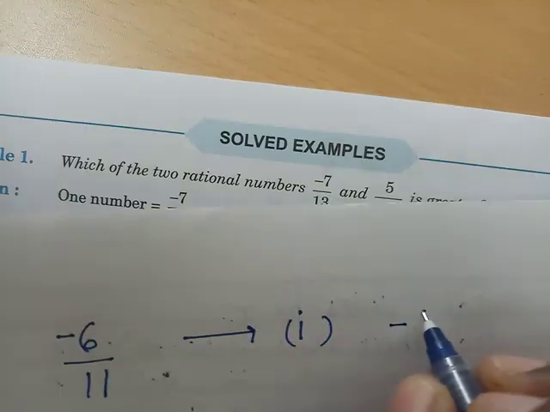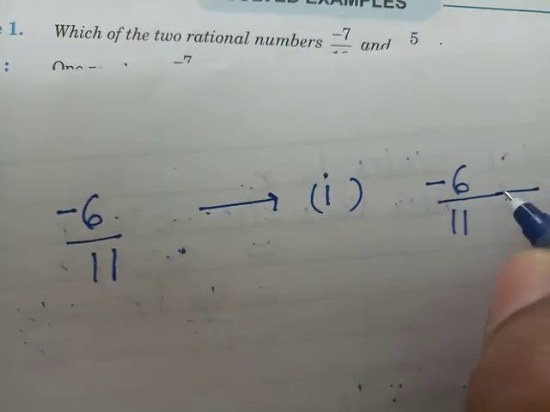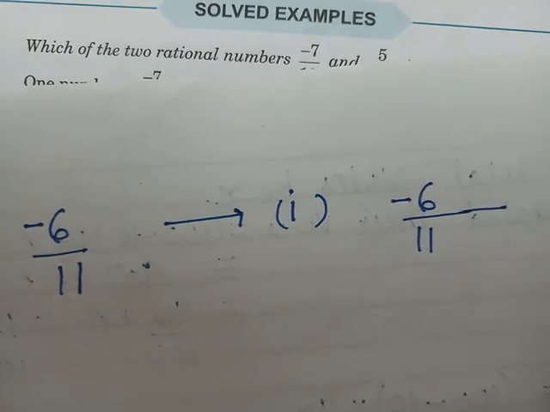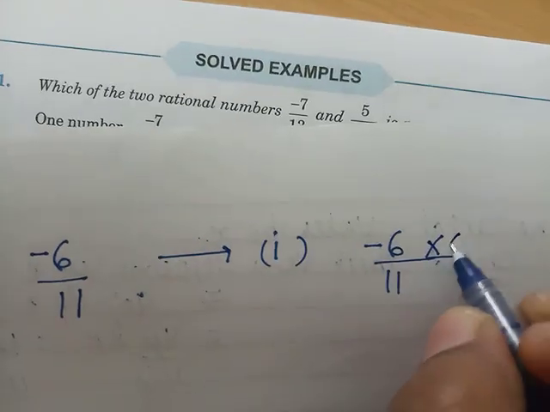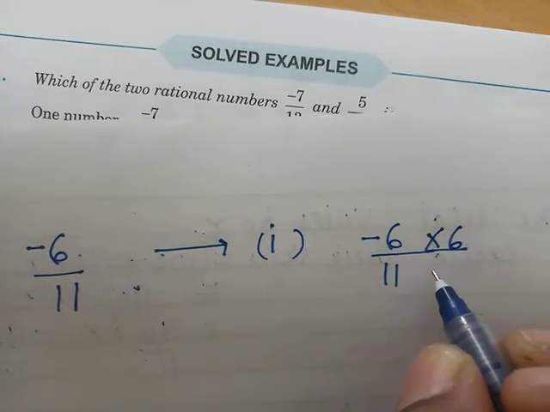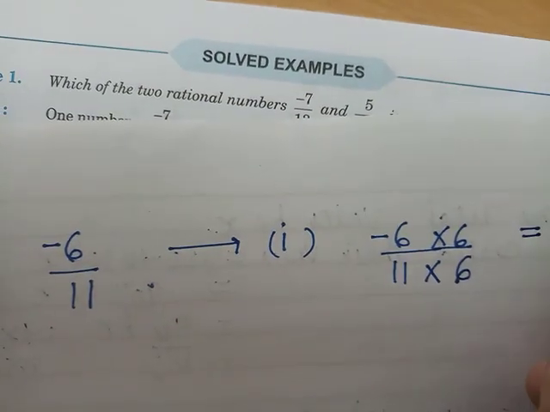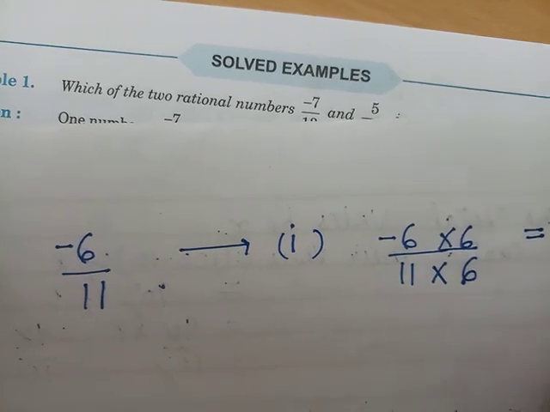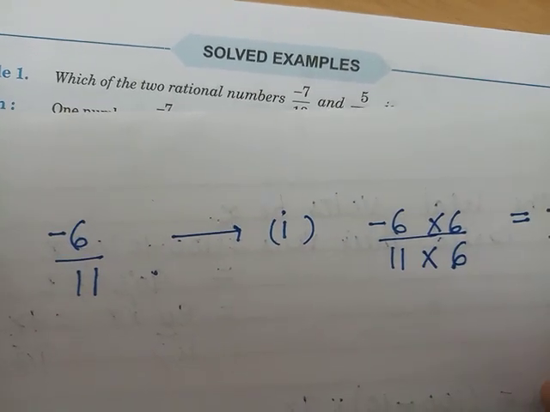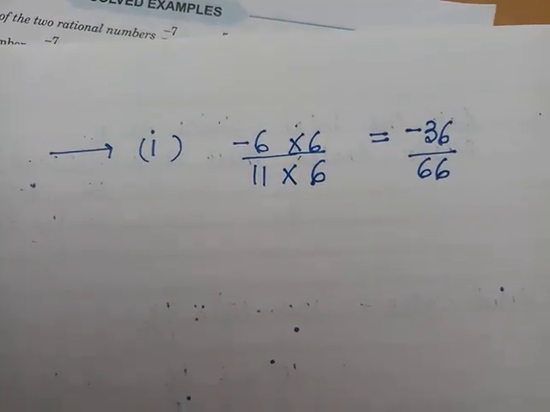Now students, tell me, what number should I multiply minus 6 by to get minus 36? We know very well 6 sixes are 36. So I multiply by 6 in the numerator, and if I am multiplying by 6 in the numerator, 6 in the denominator as well. So what we'll get? 6 sixes are 36, minus sign, minus 36. 11 sixes are 66. Okay, so this way we solve.